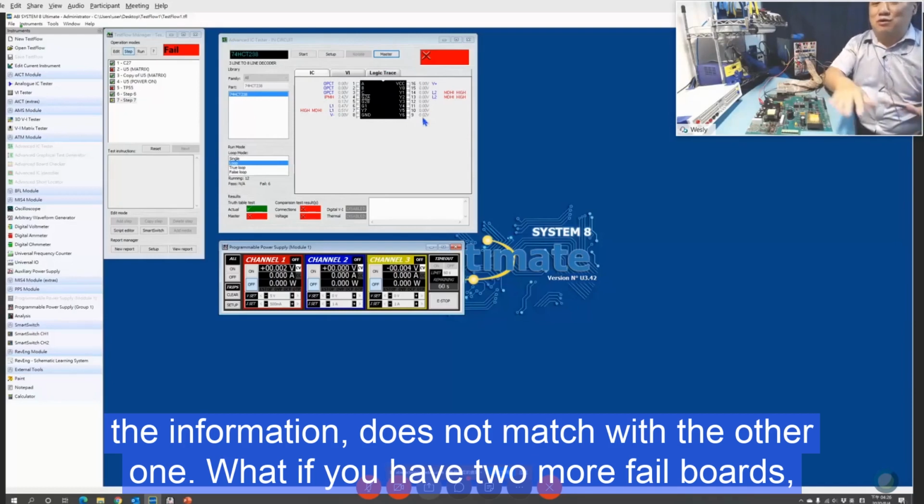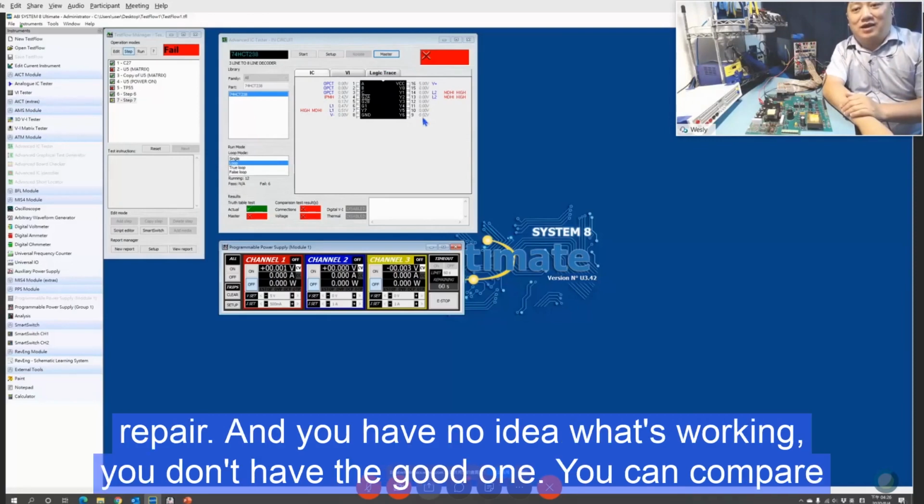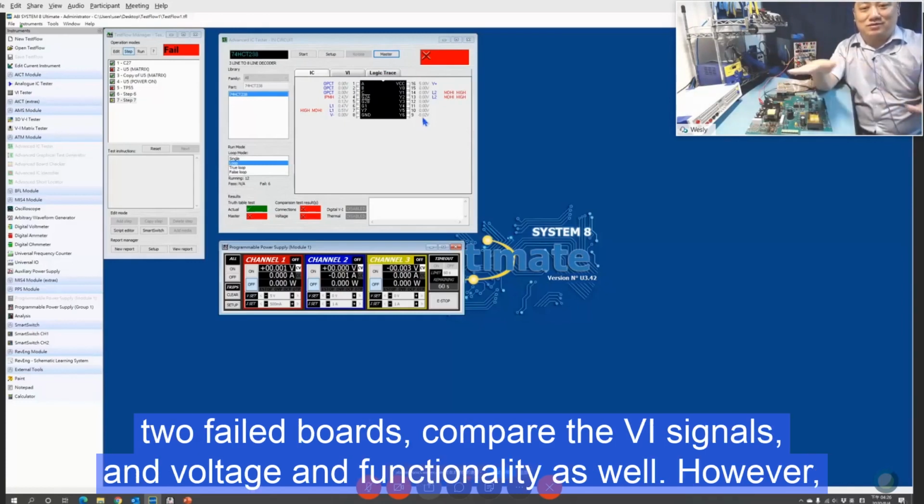Especially if you have two or three or a lot of faulty boards in your office or store waiting for repair, but none of them is working, you don't have a good one. So you can compare two faulty boards, compare the VI as well, and voltage and functionality as well.